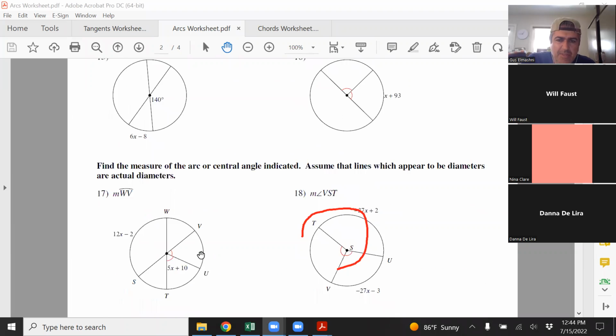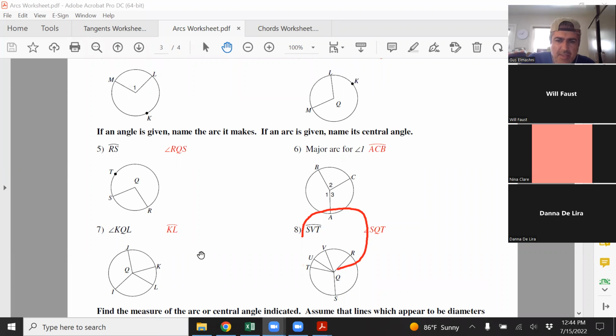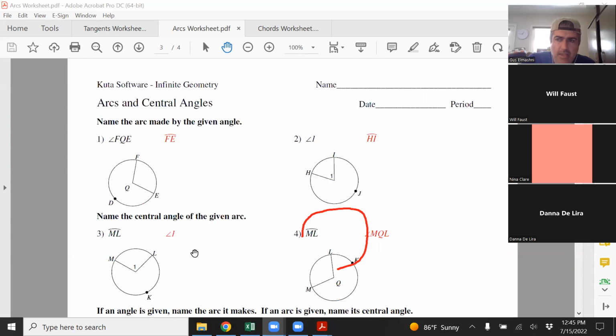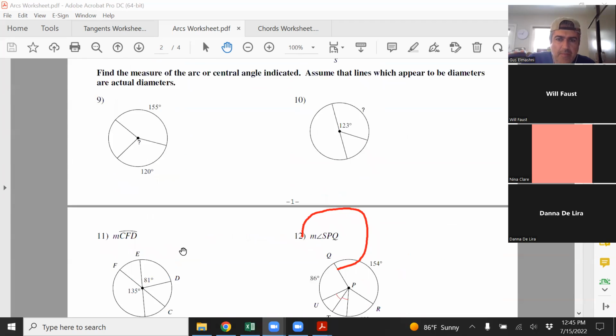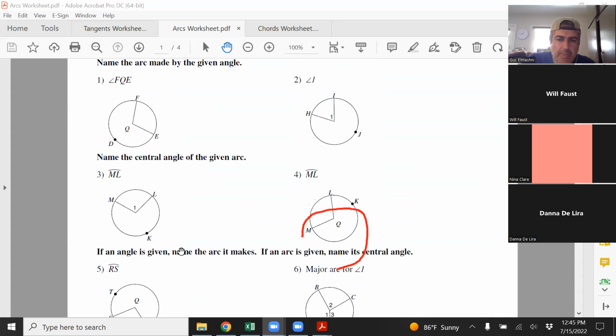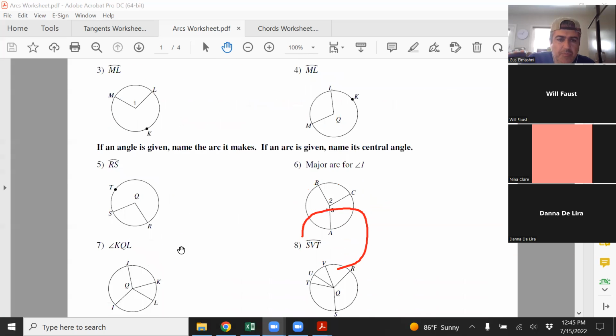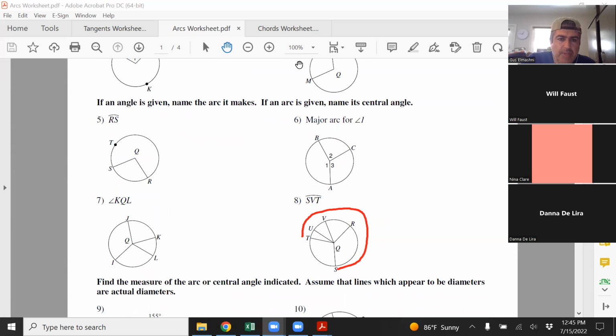It's more than 180. What do they say for number 8 in the answer key? Huh. That's a strange one. Maybe don't worry about that one, but for example, arc RS, then angle SQR. That's how you would label it, or angle KQL. The arc is KL.